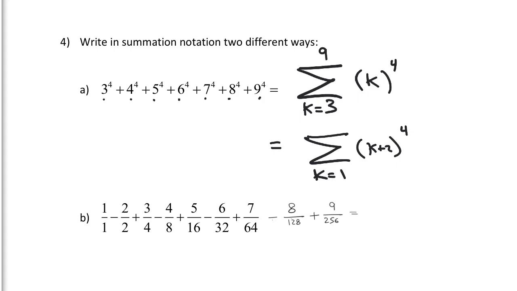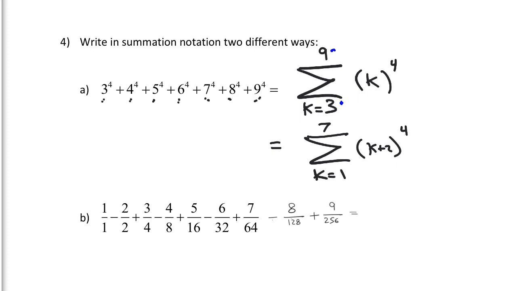And here, I guess we would have to go with that same idea. I'm adding up 1, 2, 3, 4, 5, 6, 7 terms. And so I would end up going from k equals 1 to 7. Or we could have figured that out from 9 minus 3 was 6, and adding one more is 7.